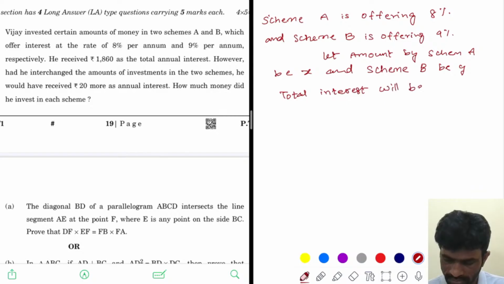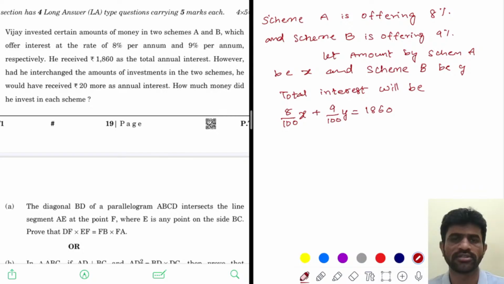Then total interest, because it is percentage, will be 8 by 100 into x plus 9 by 100 into y is equal to the total interest. It is given 1860.